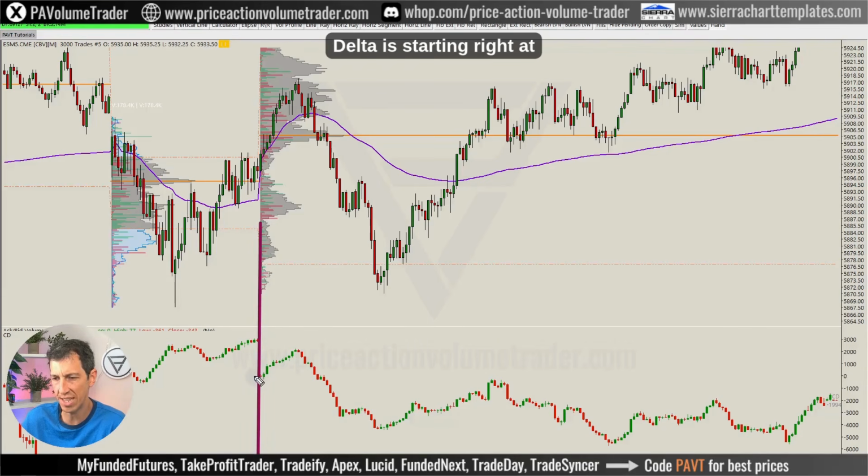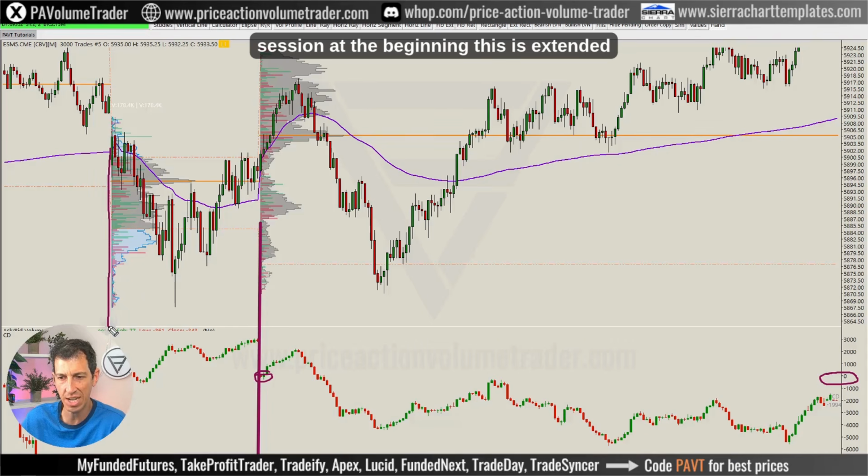And as you can see, delta is starting right at 0. I have this set the way I like to use it. As you can see, every session at the beginning, this is extended hours at 6 p.m., as soon as a session starts, delta will reset to 0, and then it'll start accumulating throughout the whole session.